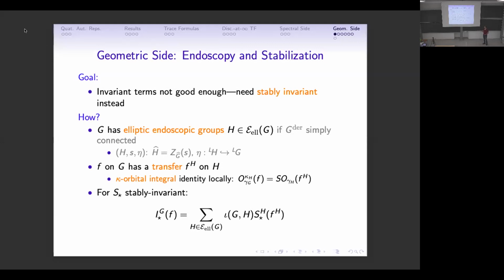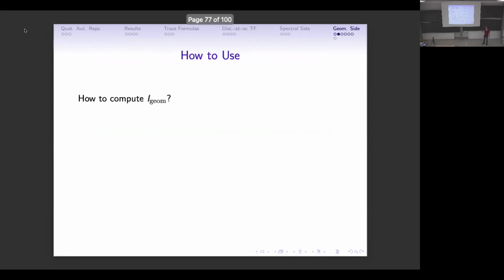Again, we're not going to have to worry about too many details of exactly what S is. We just need to worry that it changes this f to something that you plug into a stable distribution.